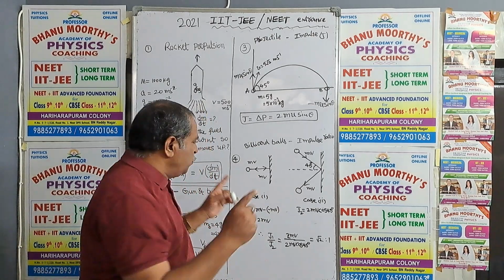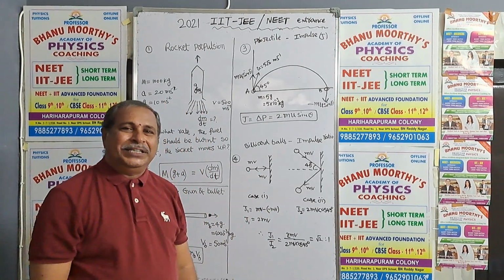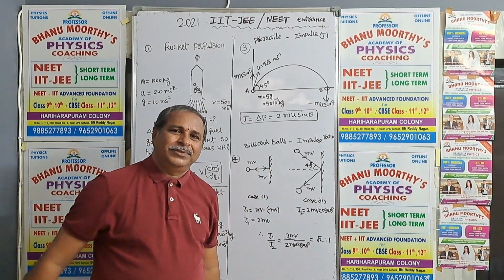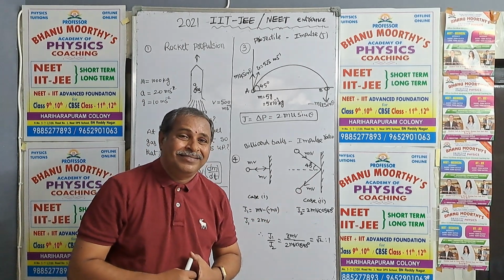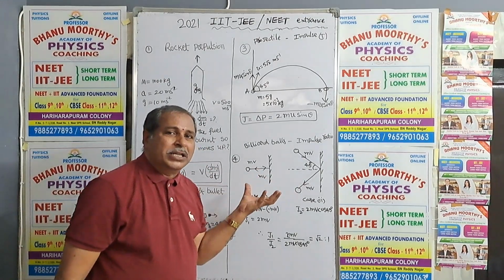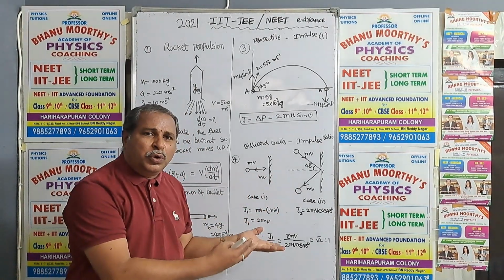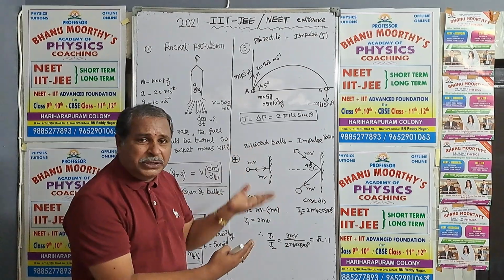Now let us quickly move to the fourth question in 2021 from the same chapter. So in different sessions, they are selecting different conceptual models. So this is one more conceptual model. It is also under the impulse concept only.